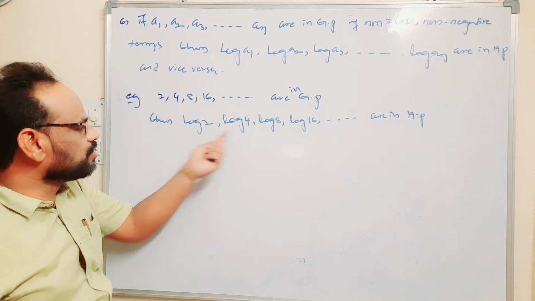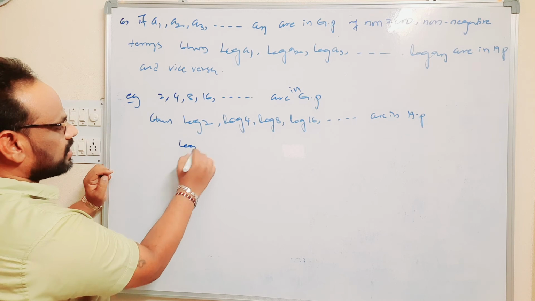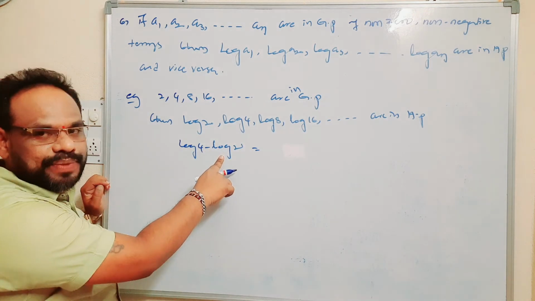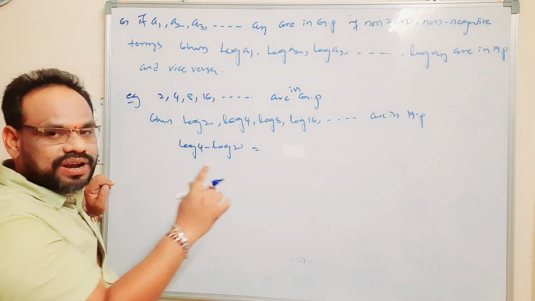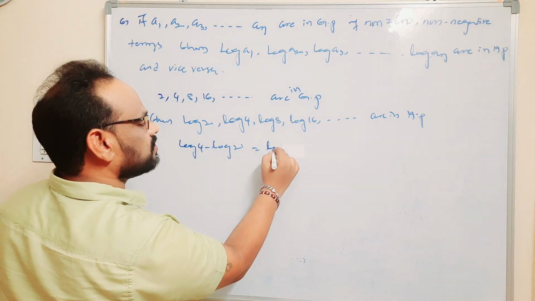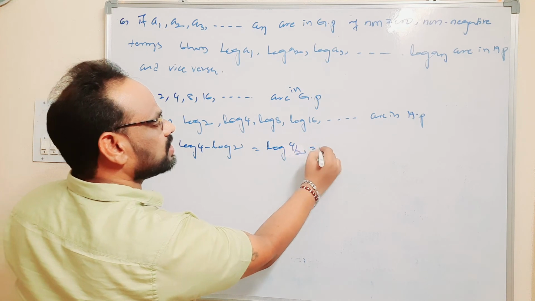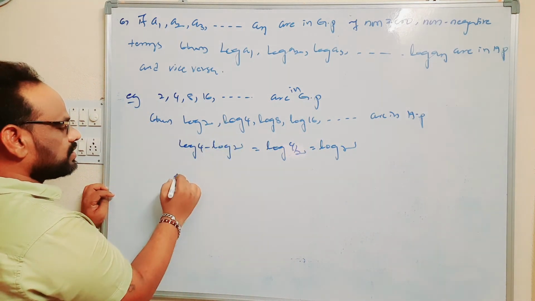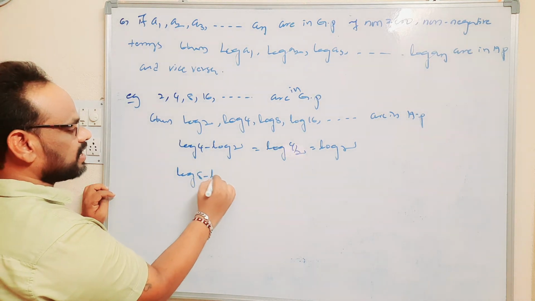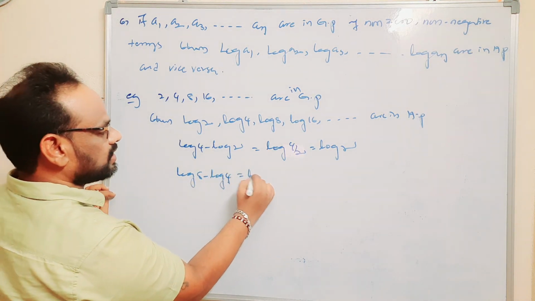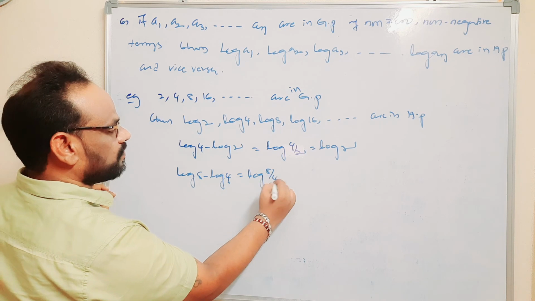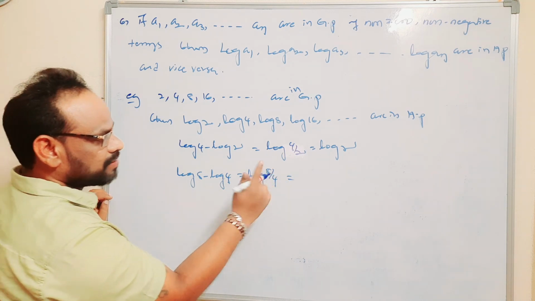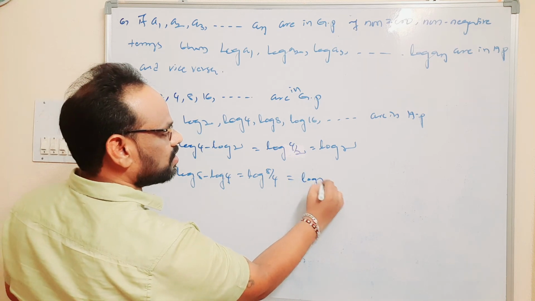Observe here T2 minus T1, that is log 4 minus log 2. Log A minus log B is nothing but log A by B, that is log 4 by 2, which equals log 2. And T3 minus T2 is log 8 minus log 4, that is log 8 by 4, which equals log 2.